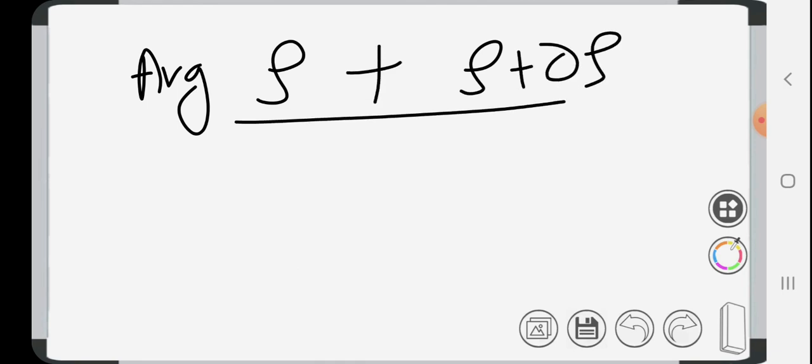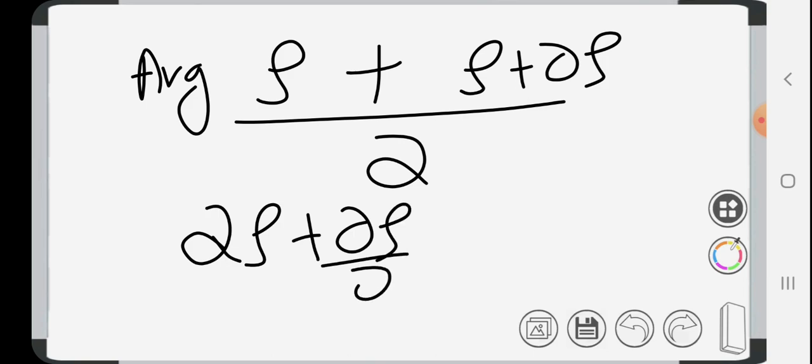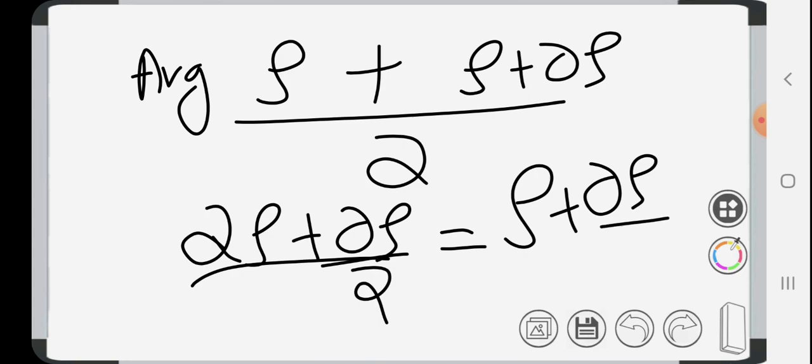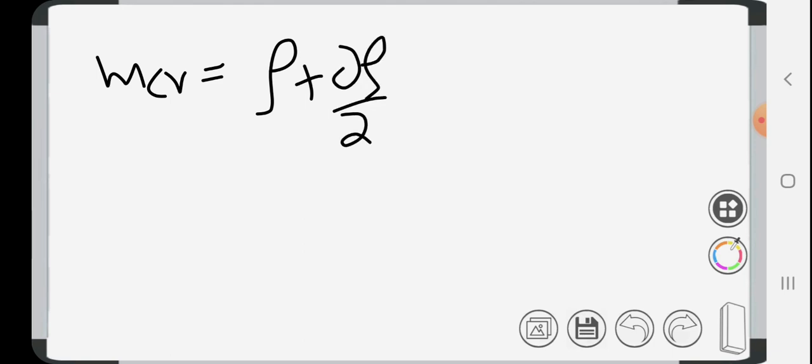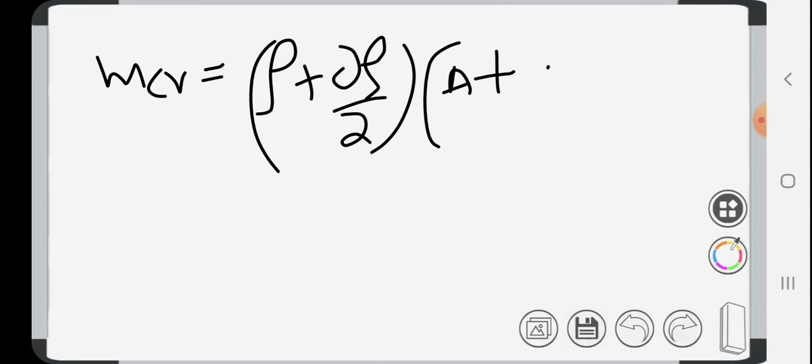So the average will be the sum divided by 2. So 2 rho plus d rho by 2 gives rho plus d rho by 2. So mCV can be written as rho plus d rho by 2 into, similarly, the average of area.